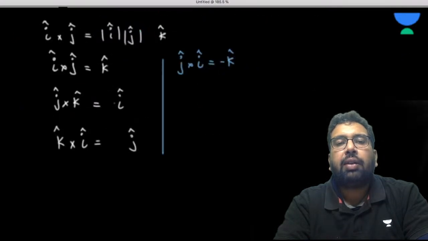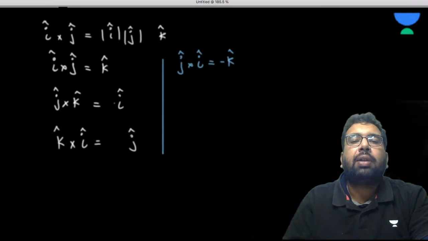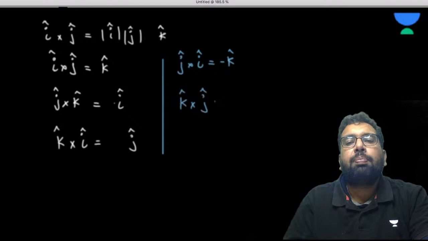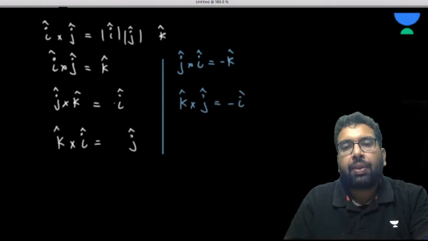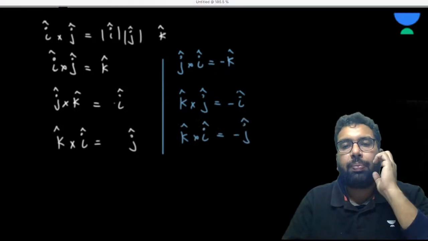So similarly, if I cross J is K cap, then J cross I cap must be minus K cap. If J cross K cap is I cap, that means K cap cross J cap must be minus of I cap. And also, if K cap cross I cap is J cap, then I cap cross K cap is equal to minus of J cap.